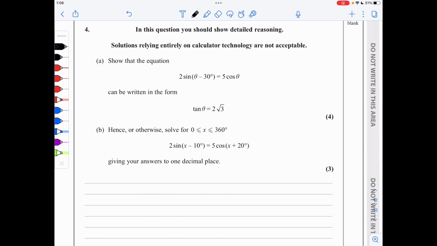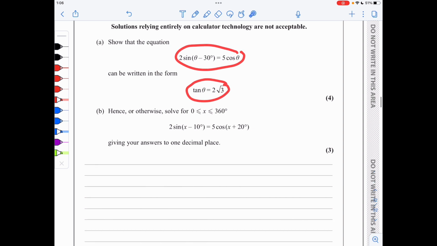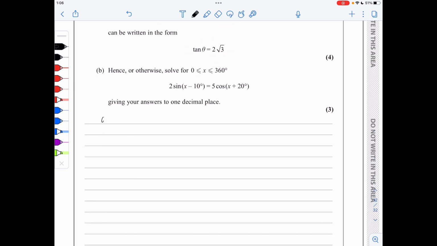In question 4, we need to show that this equation here can be written in the form of tan theta is 2 root 3. So we start off with 2 sine of (theta minus 30) is equal to 5 cos theta. I will be using the addition formula for sine (A minus B).